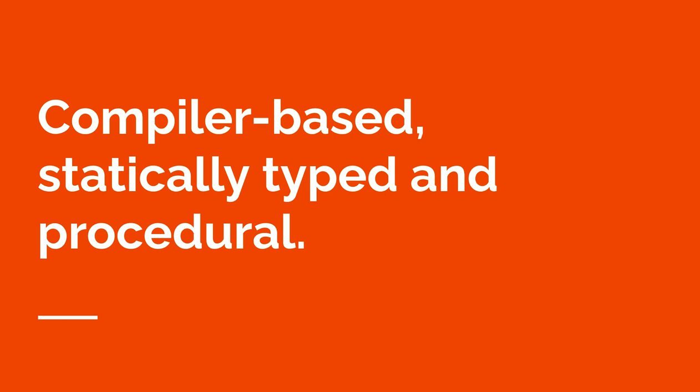Compiler based: we analyzed the syntactical analysis, how the compiler behaves for the C programming language. Statically typed: what the type specifier is and what its importance is when declaring any identifier.